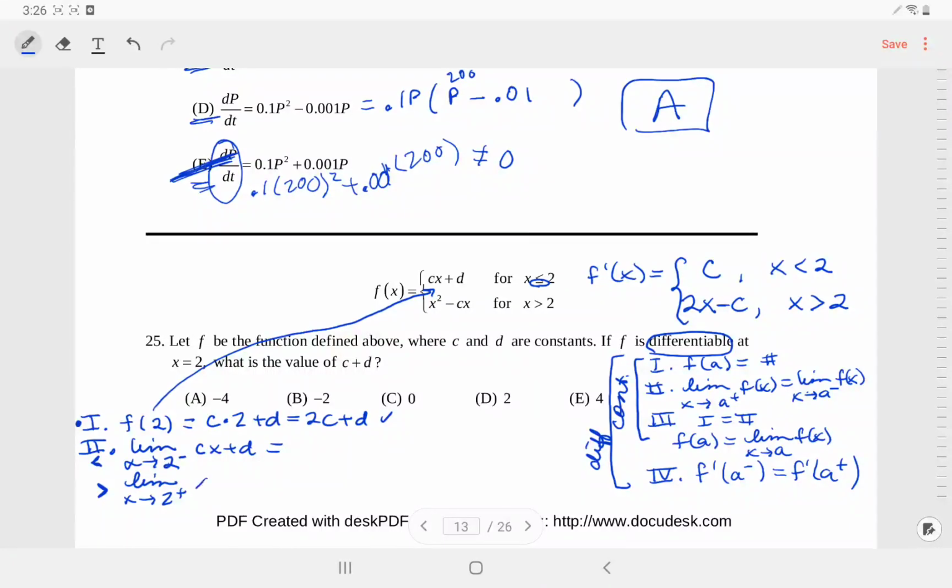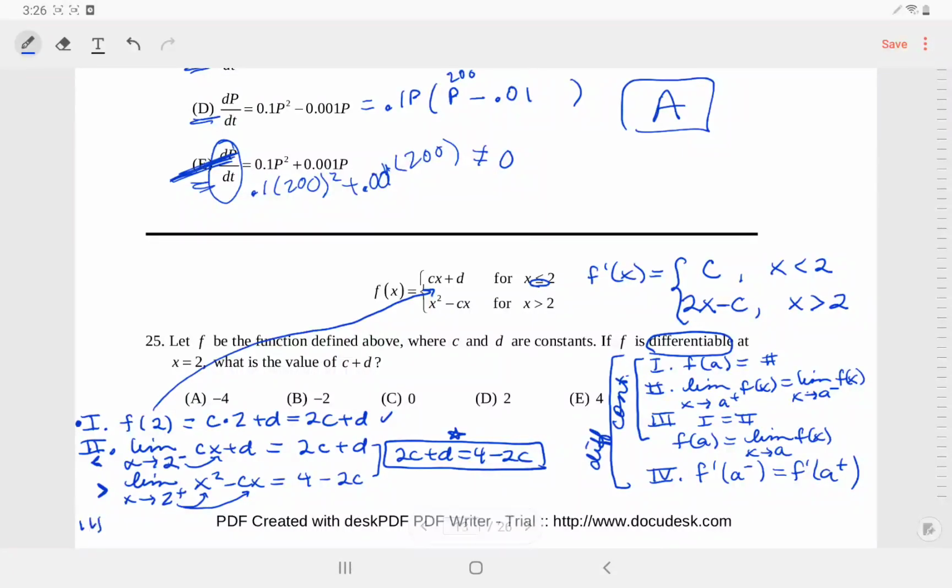And the right-hand side is the x squared minus cx. So you substitute that value in, 2c plus d. Substitute this value in. That's 4 minus 2c. And these are supposed to be equal. So 2c plus d equals 4 minus 2c. So let's put a box around that and star it so we can find it.